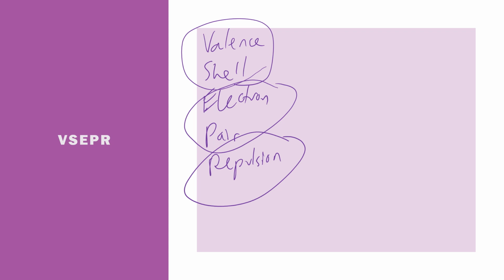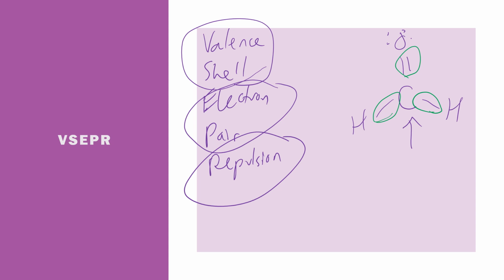So what that means is, let's say we have formaldehyde. Around that central carbon atom, there are three areas of electrons. We have a single bond and a double bond. So there's three areas of electrons around that carbon.